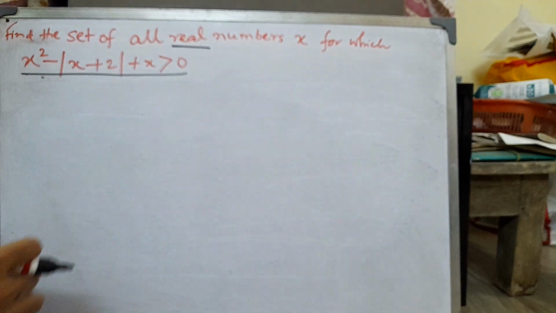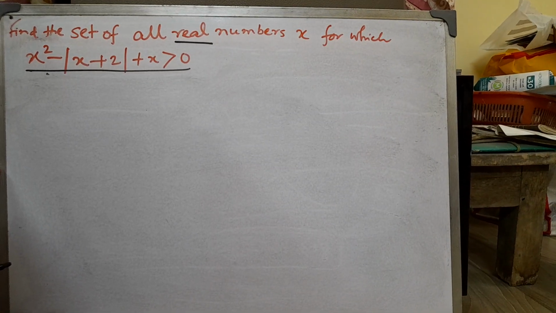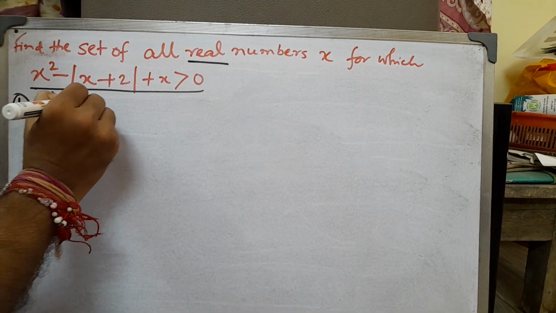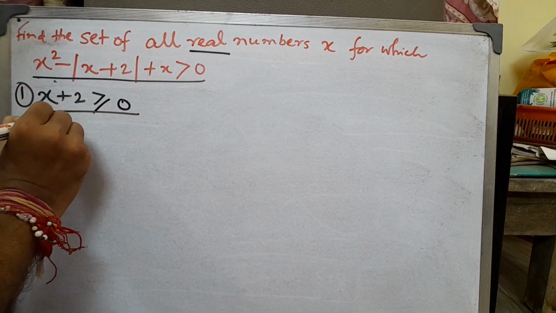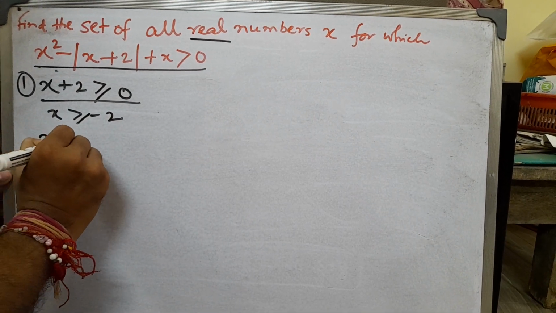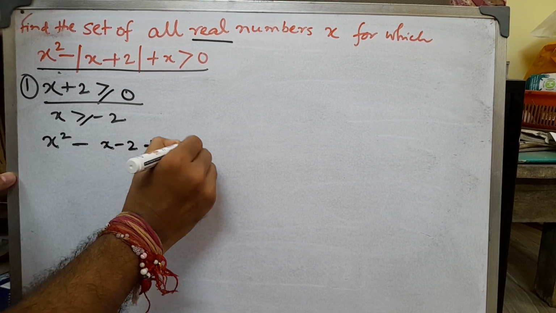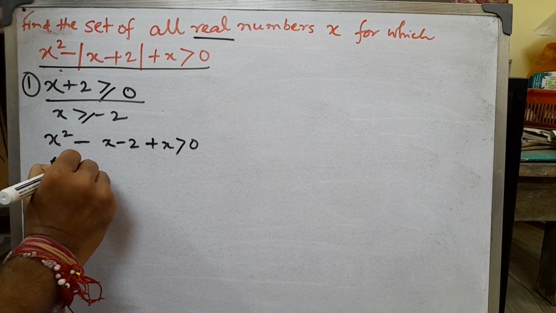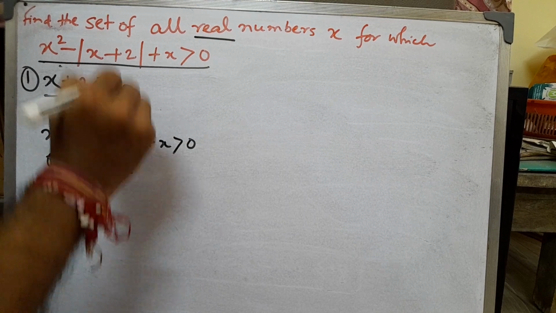We can solve the inequality and the domain and range of the problem. Okay, first x plus 2 greater than or equal to 0, so x greater than or equal to minus 2. Then x square minus x minus 2 plus x greater than 0, or x square greater than 2.